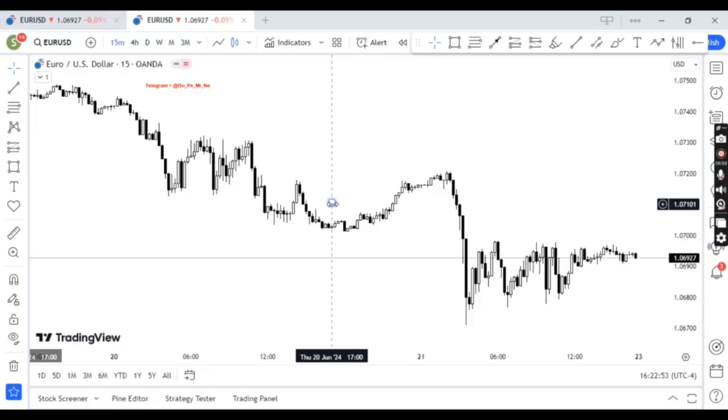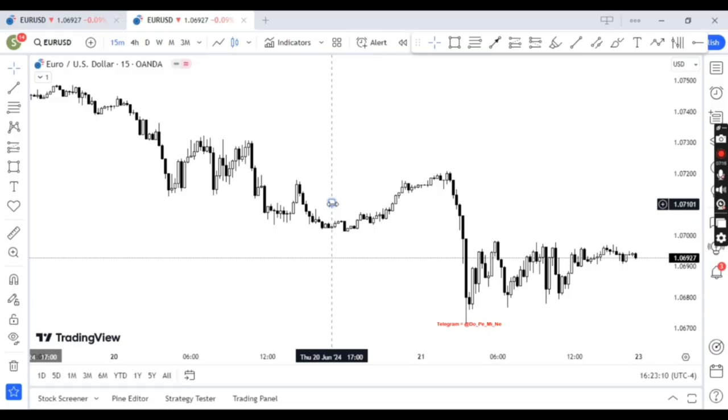Now, the way you can integrate market profiles with opening times is by knowing that more often than not, when the market opens, price straight away enters a ranging profile, right?